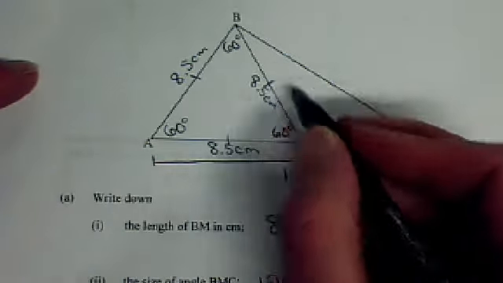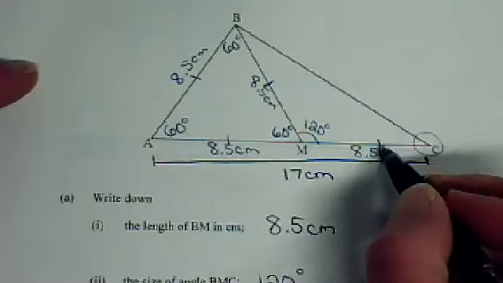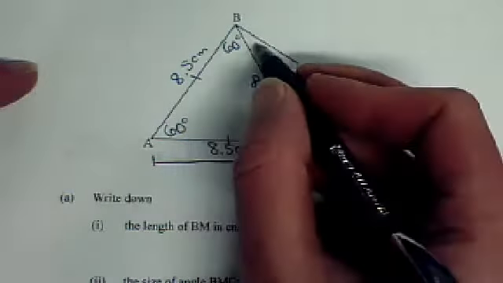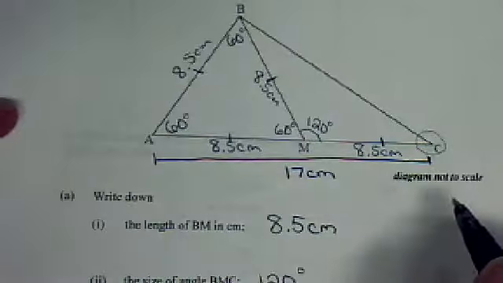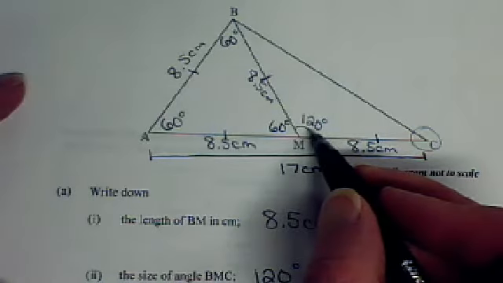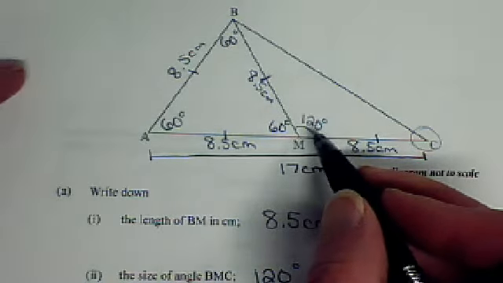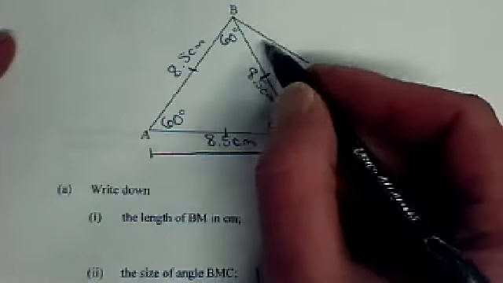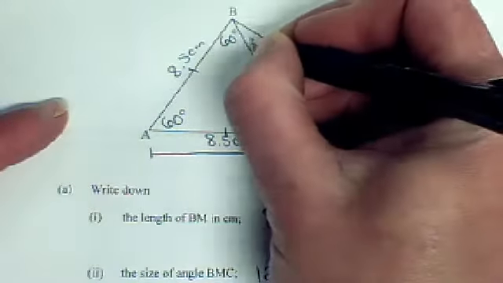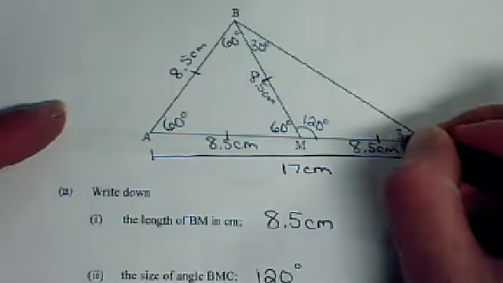Now, since these 2 sides are the same, that means that these 2 angles have to be the same as well. If we have 120 degrees taken up here, then there's 60 to go between that angle and that angle. So this one's got to be 30 degrees and 30 degrees.